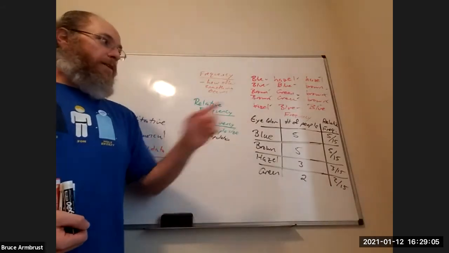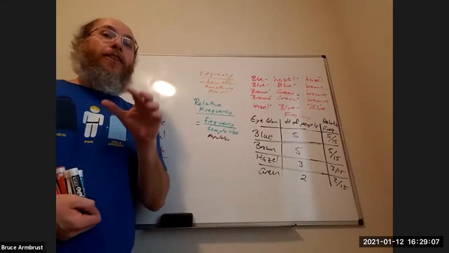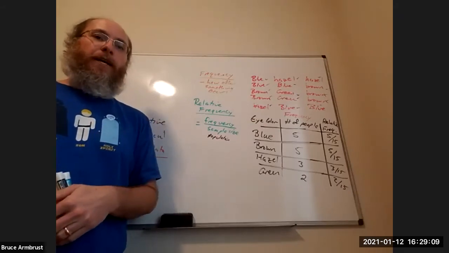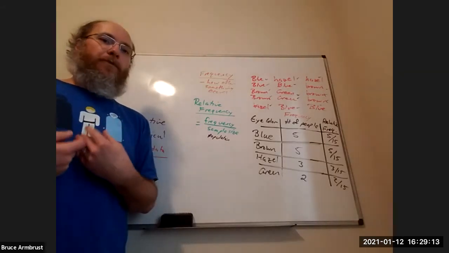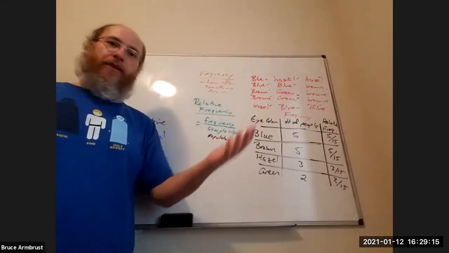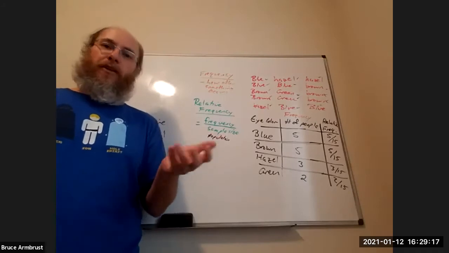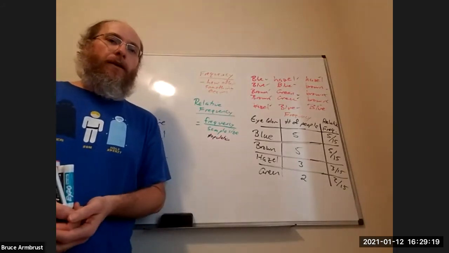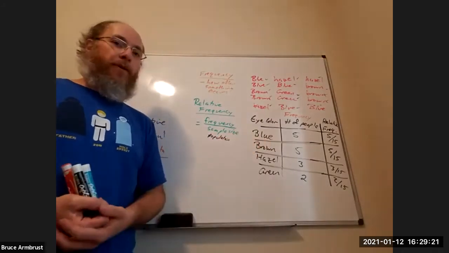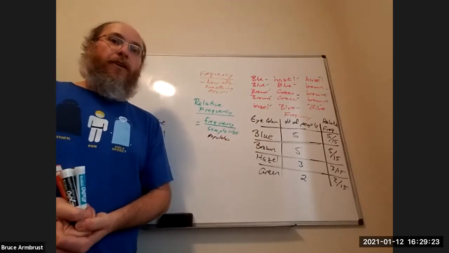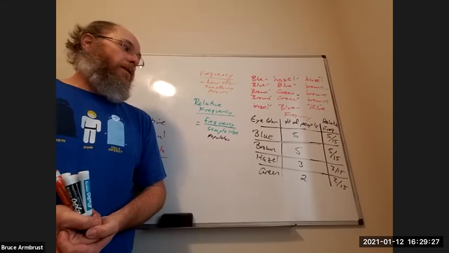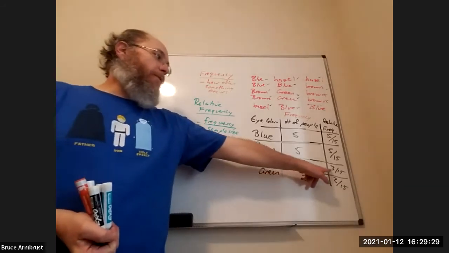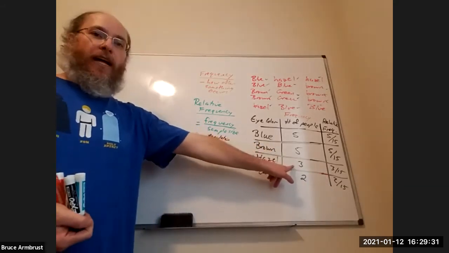So the relative frequency tells us that 1/3 of our sample has blue eyes. So if we're trying to use this sample to describe the population, let's just say the population of people in the United States, from this sample it appears that 1/3 of the people have blue eyes, right? Or it looks like 20% have hazel eyes.